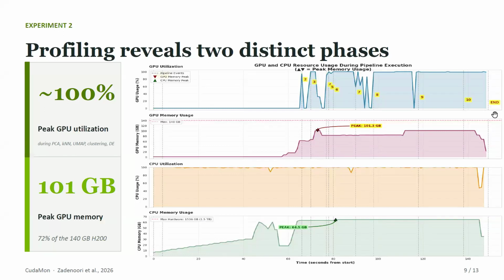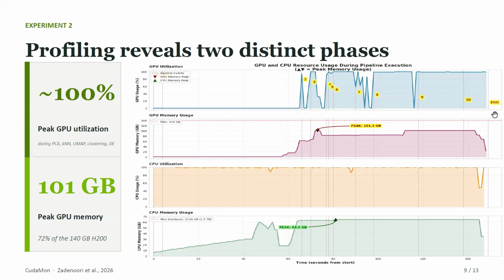And in some steps like PCA, KNN and UMAP clustering, GPU was utilized 100%, and that is a good point here also because we know these steps have lots of matrix operations that utilize GPU in the best way.